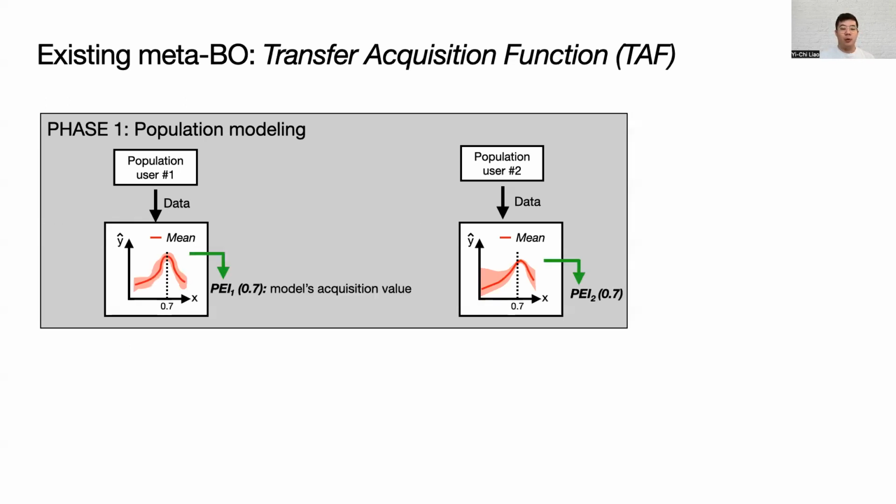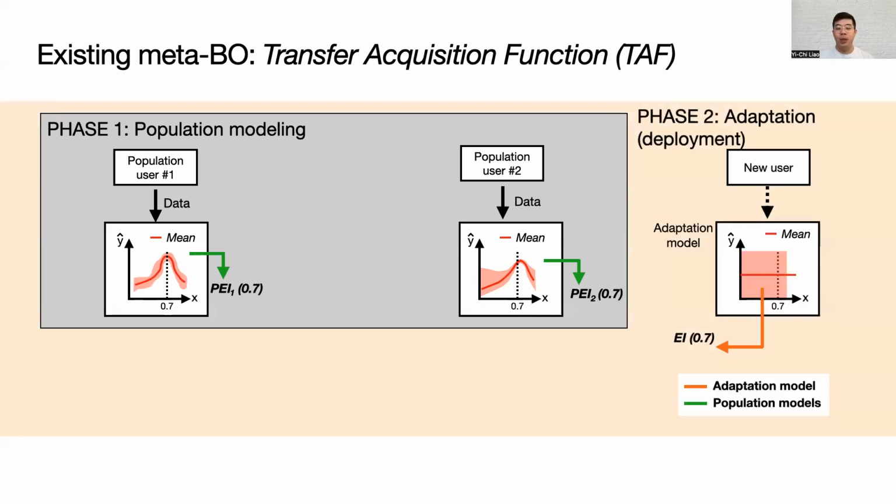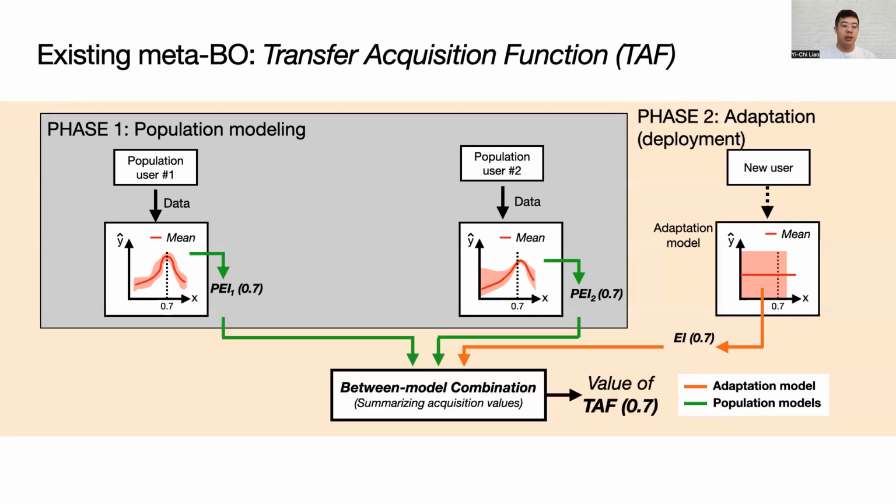With each population model, we can query the acquisition value, which is essentially the potential value of a parameter setting. When we deploy TAF on the end user, we will also have a new acquisition function value from the new model, which has very minimum initial information. TAF aggregates all these acquisition values to determine where has the most potential to give us the best outcome.